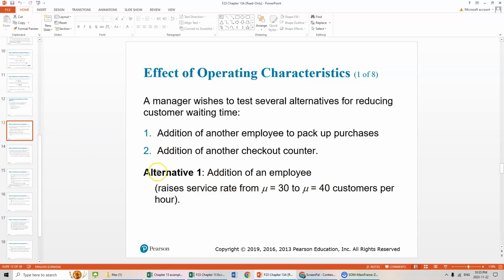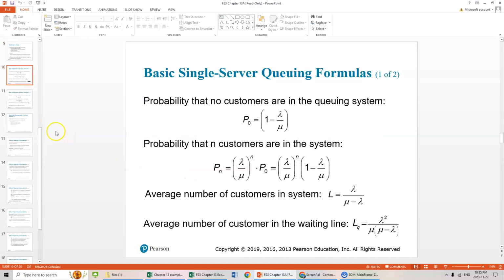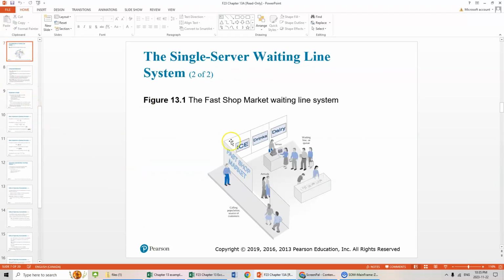So if we look back at this model here, the new employee is working with the single server, perhaps helping customers bag their items or helping the customers display their items to be checked out. So basically that new employee is helping the single server cashier.